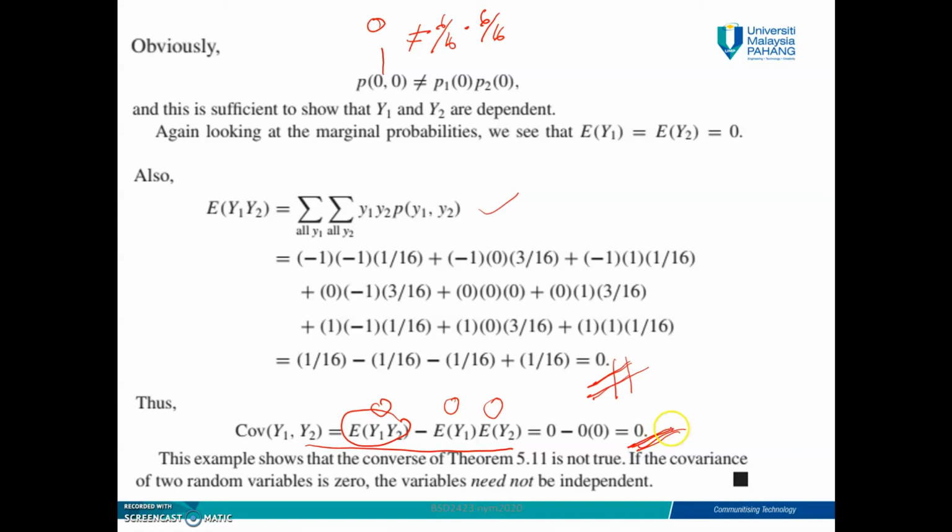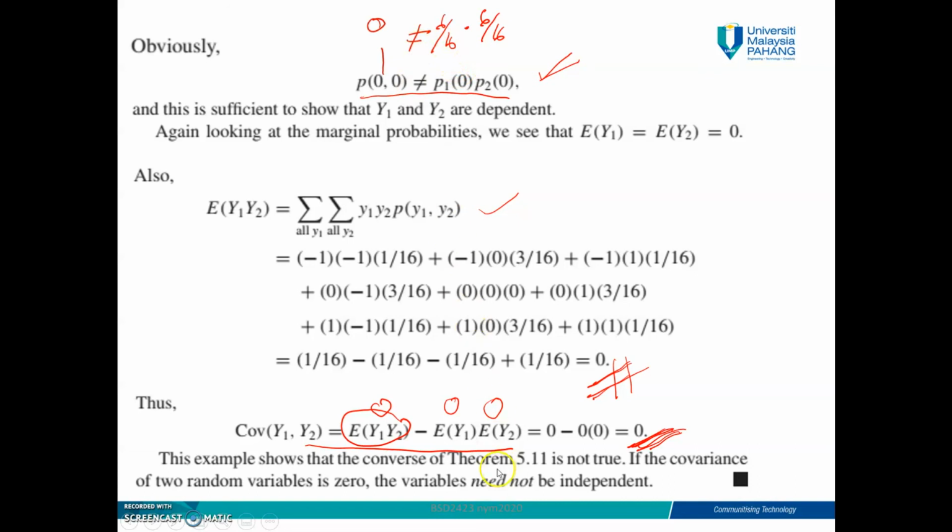So the covariance is equal to 0, but based on this one, these two random variables are not independent, they are dependent, because from here you can see p(0,0) is equal to 0, but when you multiply p1(0) times p2(0) here, it's not 0. Okay, so that's why it's dependent random variables.